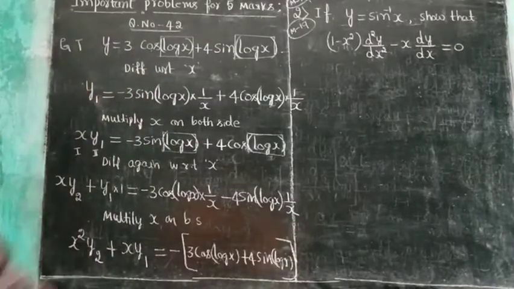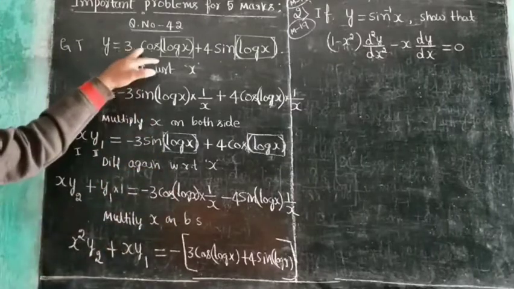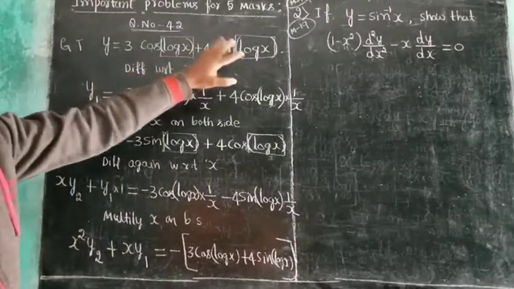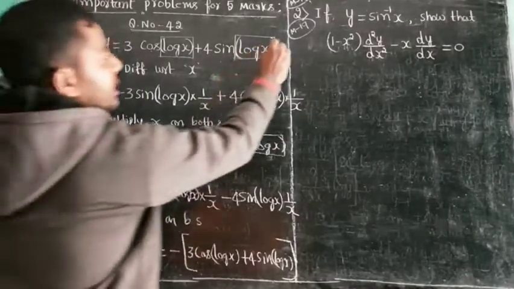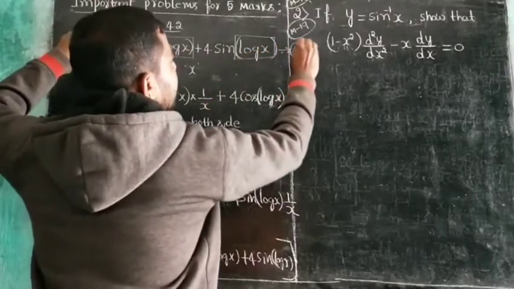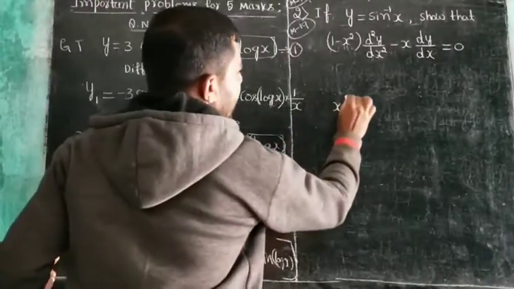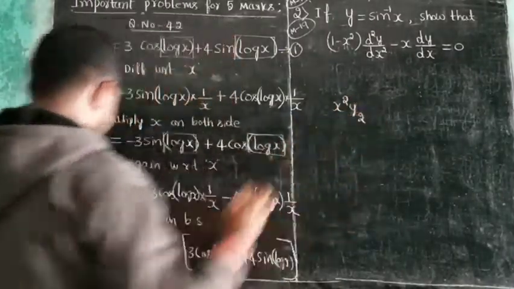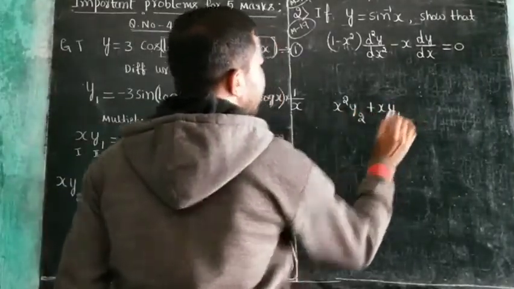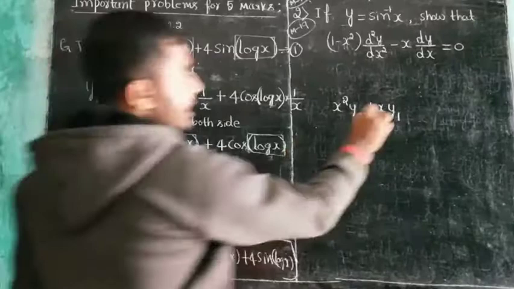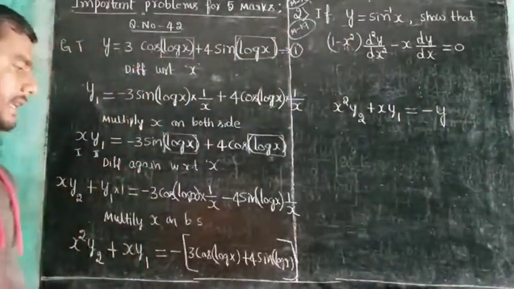We continue here. In the problem, 3 cos log x plus 4 sin log x is y. They are given. So this is the equation number 1. Hence x square y2 plus x y1 is equal to minus y.